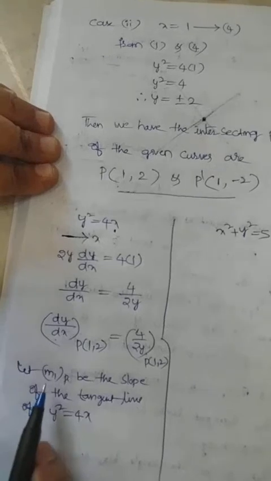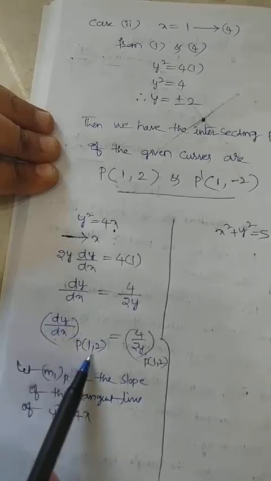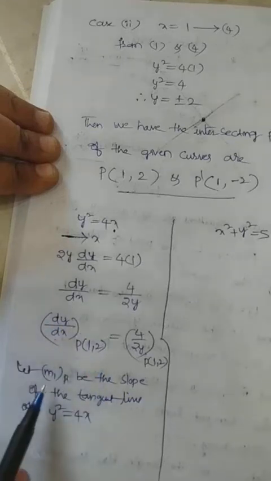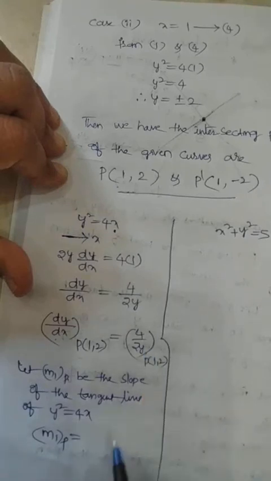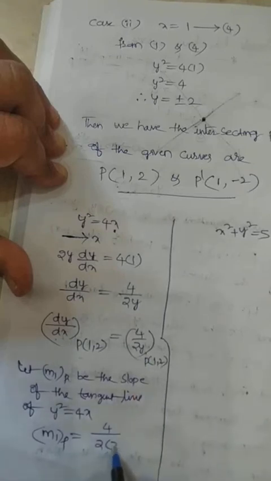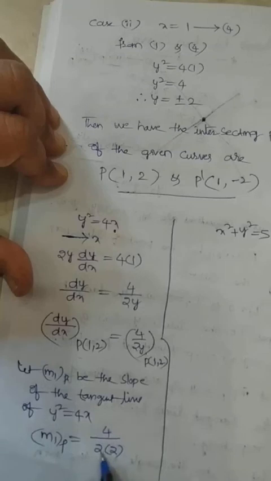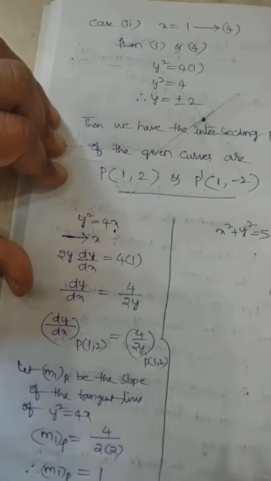Let m1 at P be the slope of the tangent line to this curve. So m1 at P equals 4 by 2 into, in place of y, substituting this y coordinate 2. So 4 by 2 into 2, that is 4 by 4. Therefore m1 at P is 1.